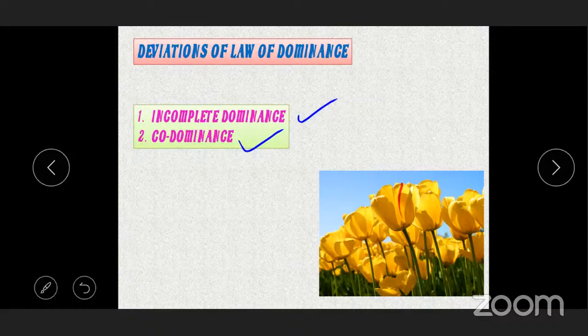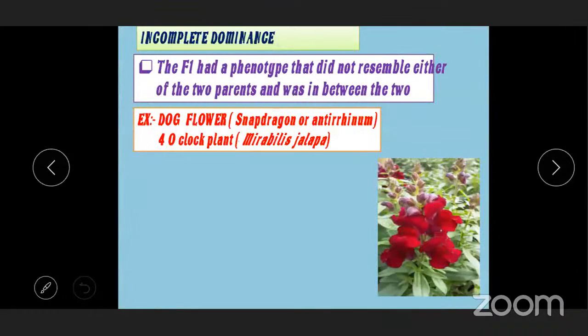First of all, let us observe. Incomplete dominance means the F1 had a phenotype that did not resemble either of the two parents and was in between the two.